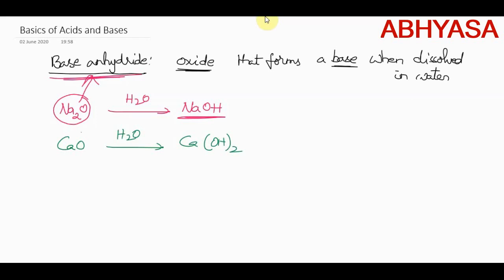So this calcium oxide becomes the anhydride of this calcium hydroxide. For acids we call it as acid anhydride. For bases we call it as base anhydride. In general we call them as anhydride. Anhydride means we need to remove water either from the acid or from the base.